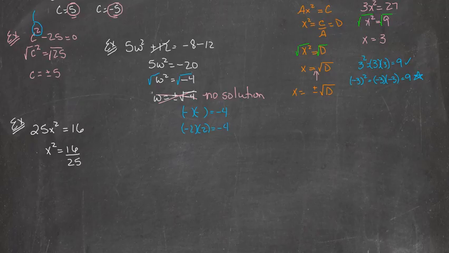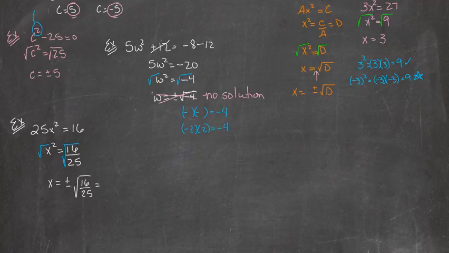Take the square root of both sides. And I get, on the left-hand side, x equals, square root property, plus or minus the square root of 16 over 25. Square root property, or take the square root of a fraction, just means take the square root of the numerator.